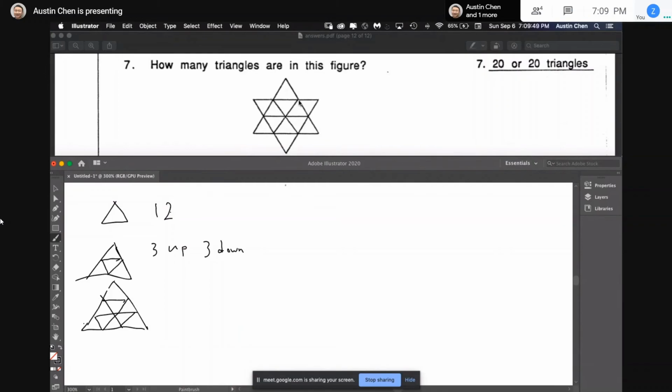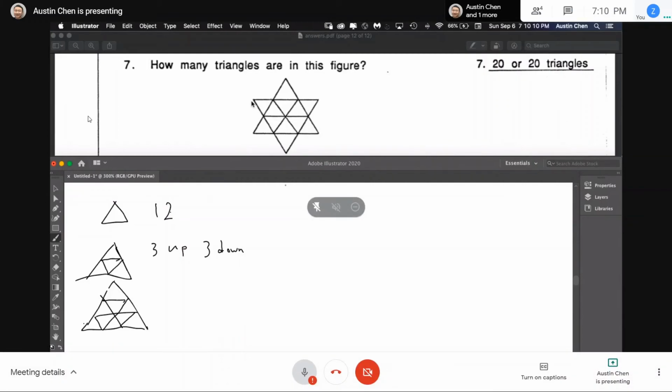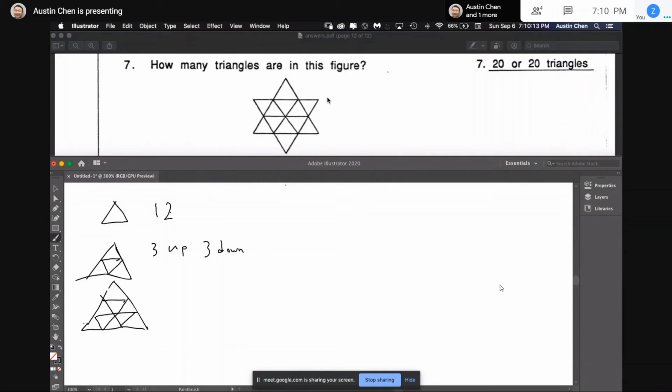We've counted all of the medium triangles, and if you were thinking there could be more directions than just up or down, there's actually not. If you consider the triangle pointing this way, you get those medium triangles, which are the same ones as the downwards ones. So 3 up, 3 down, that equals 6.